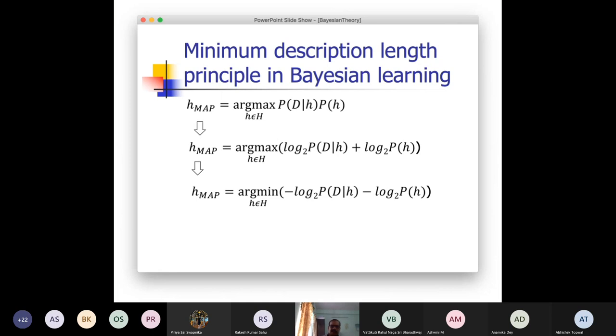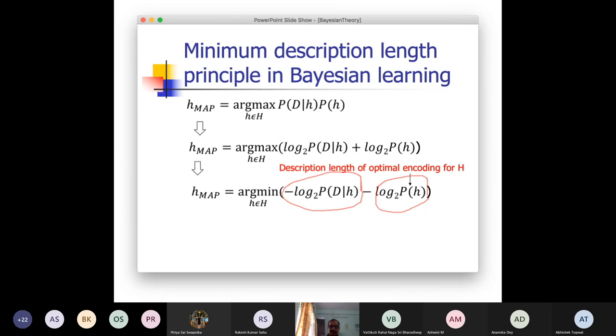That means if I negate those terms, as you can see, these are all entropy terms, the description length of optimal encoding for a hypothesis. In the hypothesis space, this is basically the optimum length of the hypothesis, and this is the length of the data given the hypothesis.